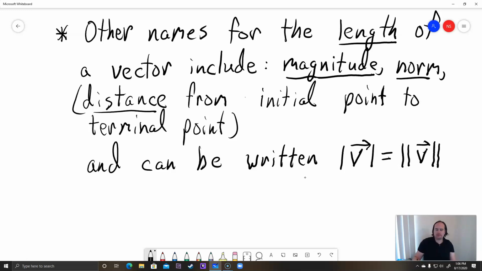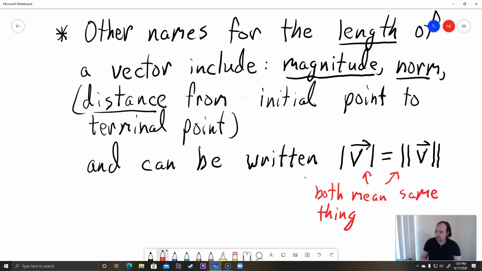So these two things mean the same thing. Okay, I just want to clear that up in case you're taking a physics class or some other class that has vectors, and you might see the double vertical lines that looks like a double absolute value, but they actually mean the same thing.